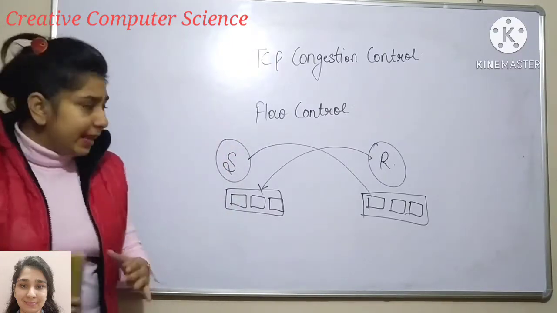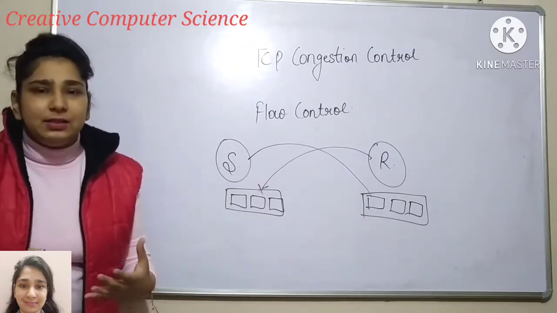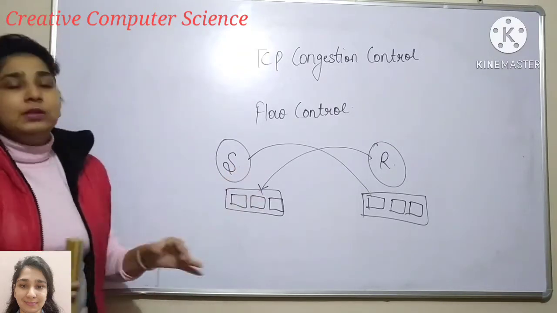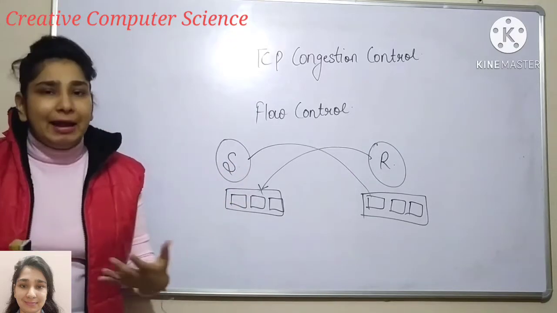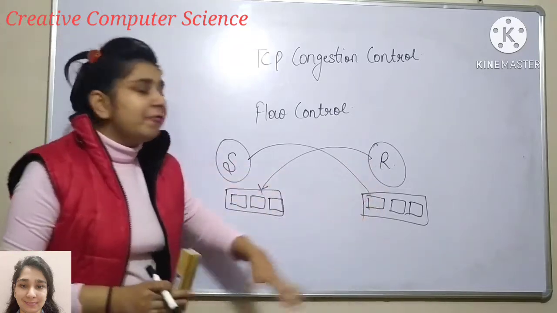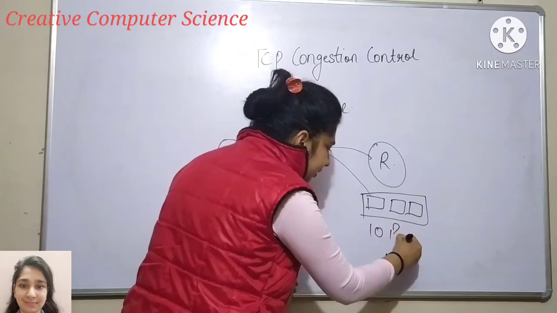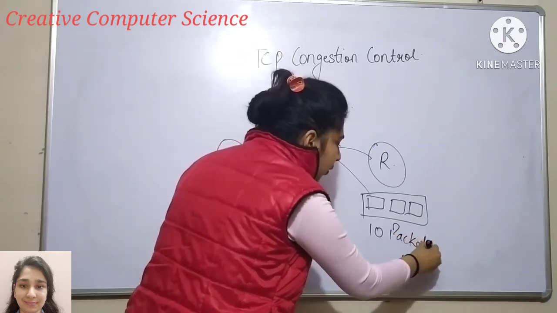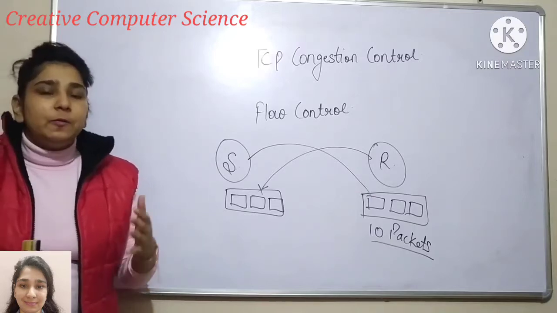Flow control says that a buffer has some limited capacity. You can store only a limited number of packets in a buffer. Let's suppose the receiver buffer can store only 10 packets at one particular point of time.